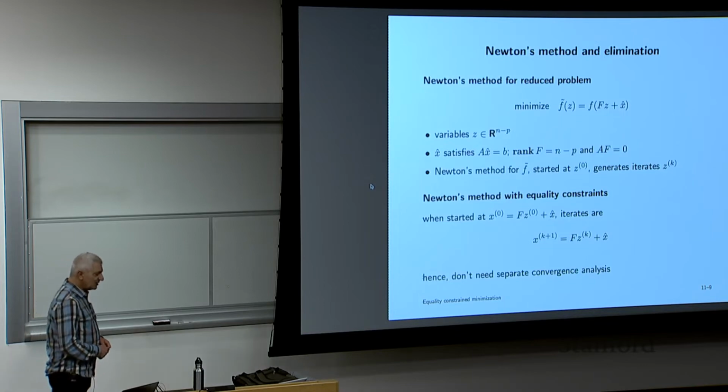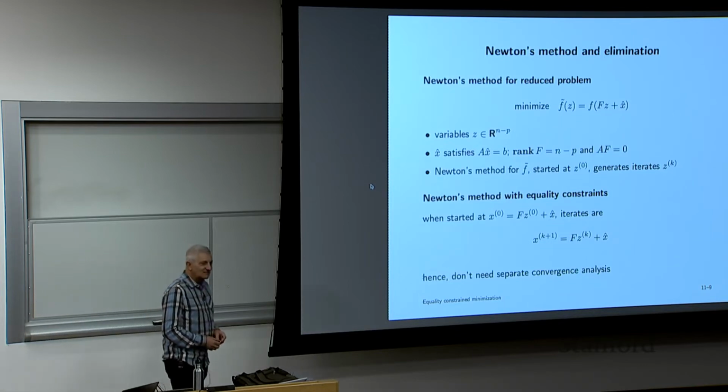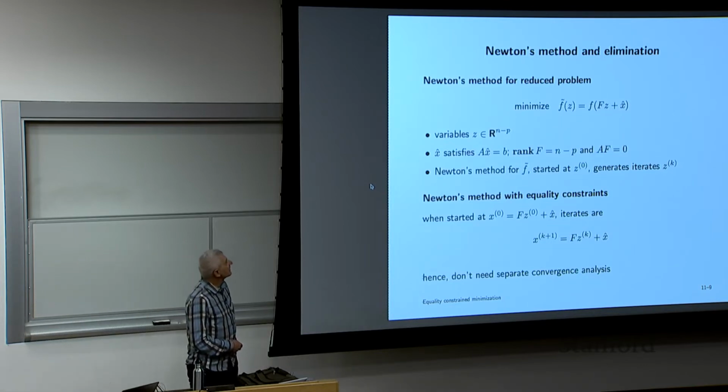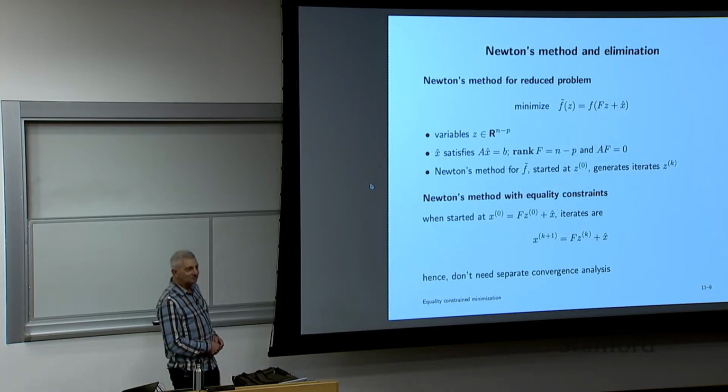What's cool is that we don't need any more analysis of it. And the reason is this. It turns out if you apply Newton's method to the problem where you eliminate the equality constraints like this, if you work out what it is, it is identical to just running Newton's method. Everything is the same.